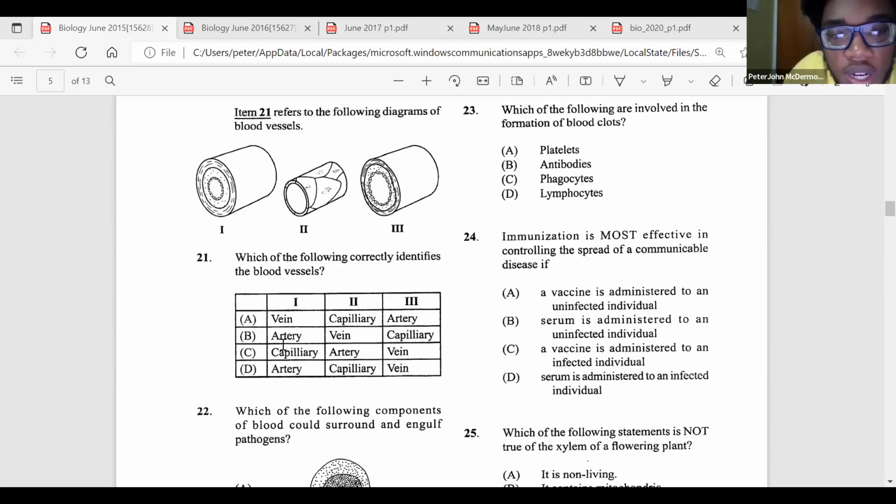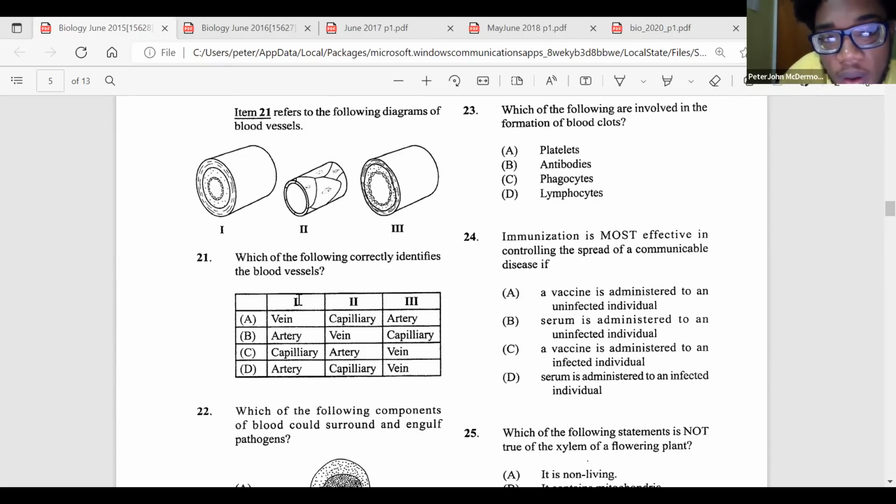I'm going to tell you how to distinguish them. Look at this. Let's ask it this way.